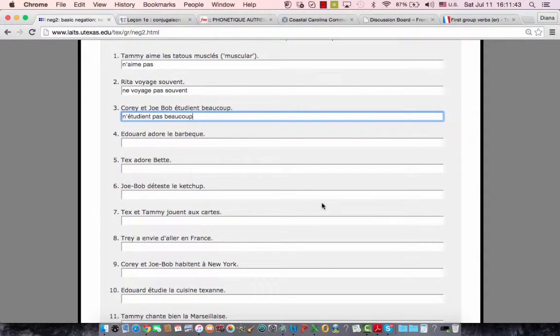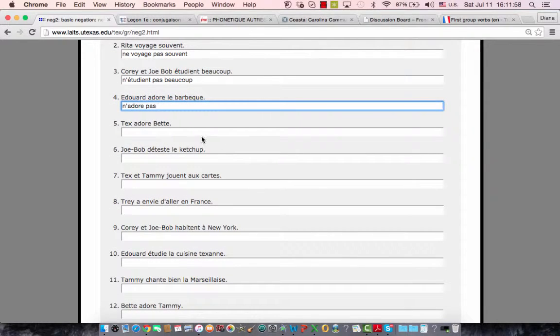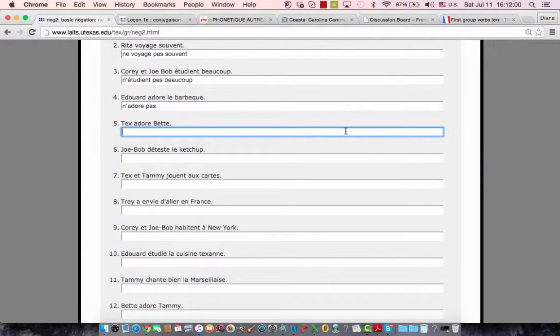Edouard adore le barbecue. Edward likes barbecuing. Edouard n'adore pas le barbecue. Tex adore Betty. Tex loves very much, right? Betty.